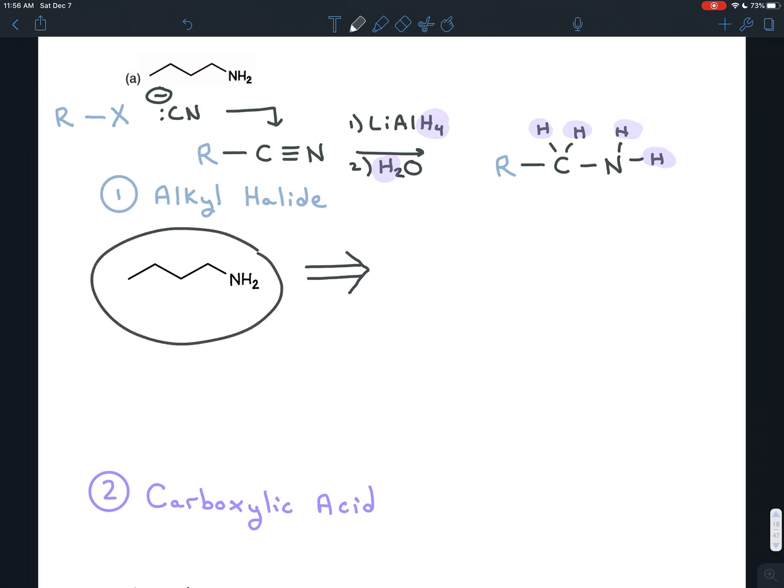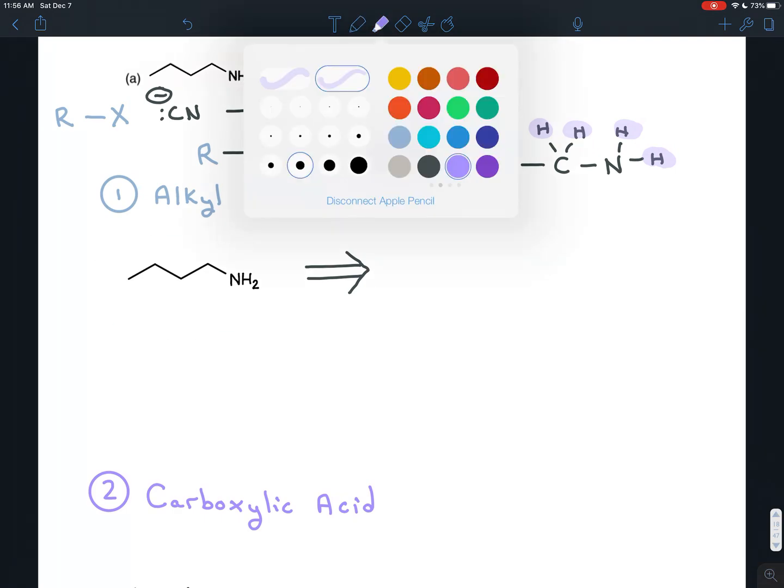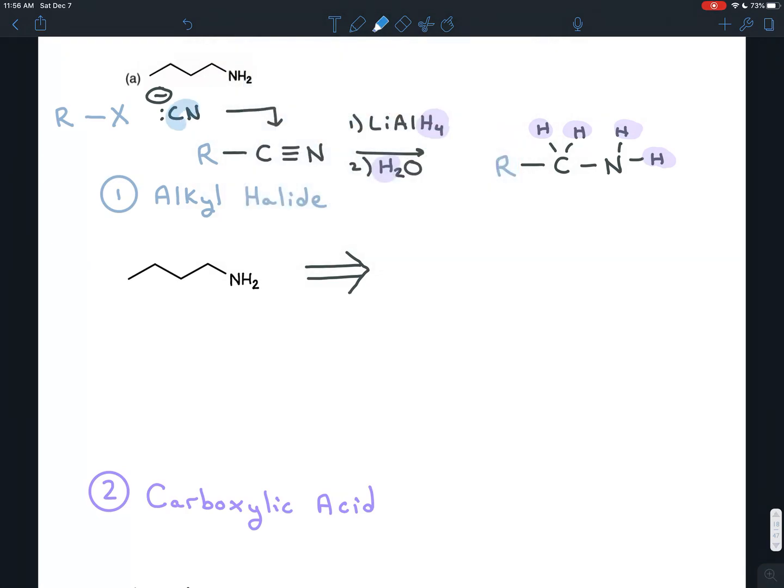So when you look at the amine that you have, and you're trying to think backwards, you can look at this and say, this is what we're going to add, a carbon and a nitrogen. So this nitrogen and the carbon it's attached to are going to come from the cyano group. So what I want is just the rest of the molecule.